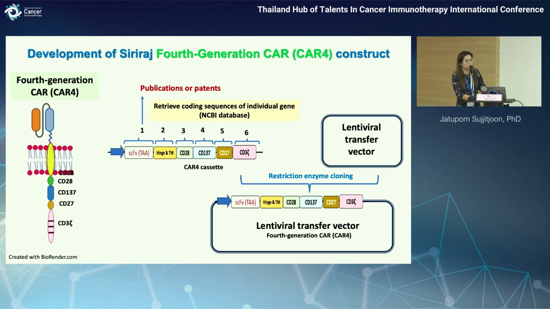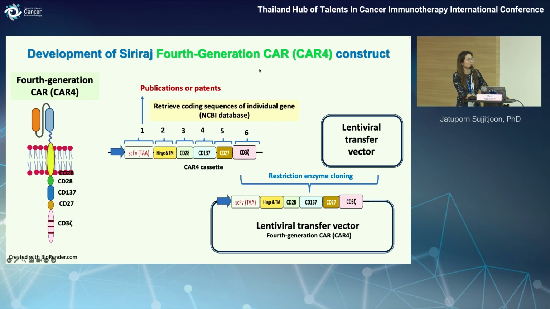This is our development of the CAR4 construct. As you know, in Thailand, we have limited funding, so we use a very easy way to clone the CAR4 construct. At the beginning, we used the old-fashioned method, overlap extension PCR, but it didn't work well for us, and we got a suggestion from our collaborator.